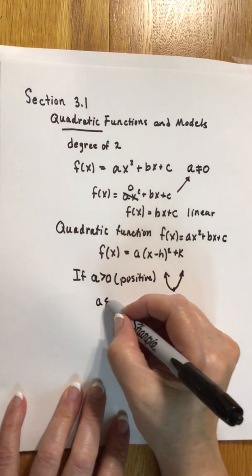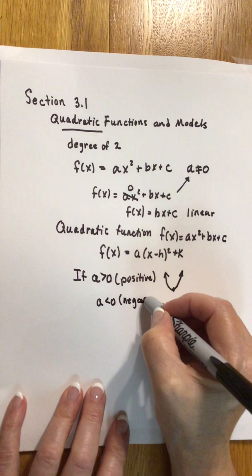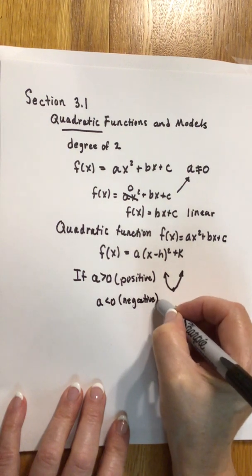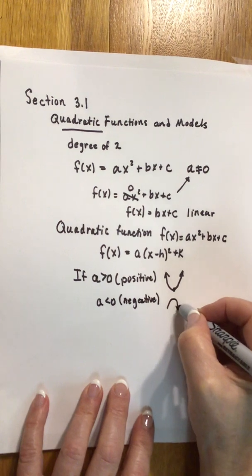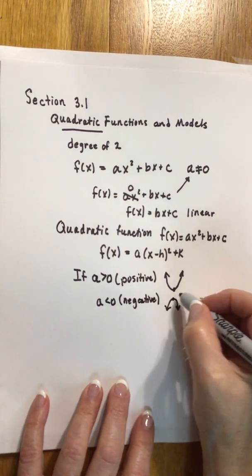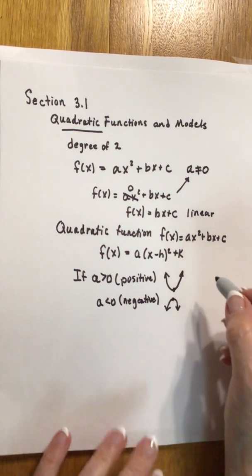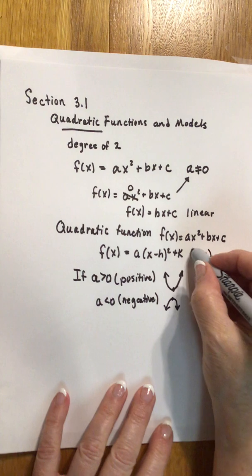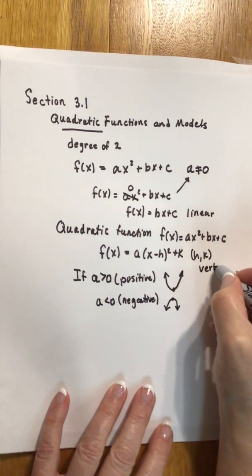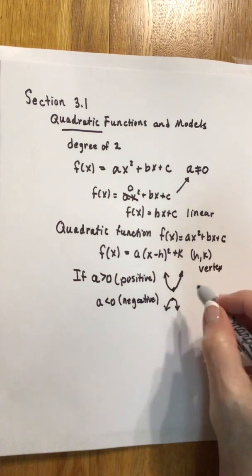If a is less than 0, meaning that a is negative, then we know that it opens down. So the vertex would be at the top in that case. Now, for the graph in standard form, this h and k is the vertex. So again, the vertex is this lowest point or this highest point.